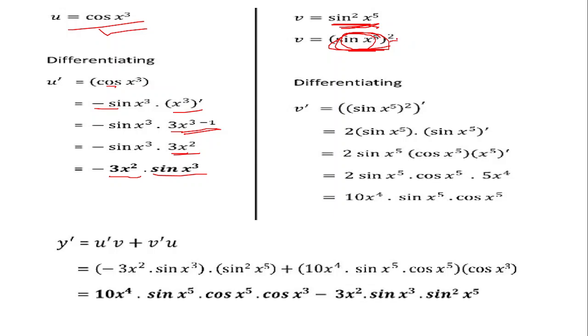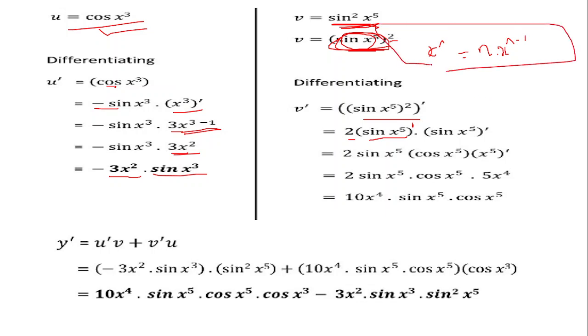So that means the differentiation of x to the power of n is n into x to the power of n minus 1. So here 2 into sin of x to the power of 5, 2 minus 1, that's nothing but 1. This formula, don't forget: x to the power of n differentiation is n into x to the power of n minus 1. Got it?